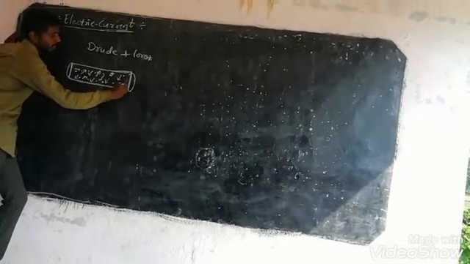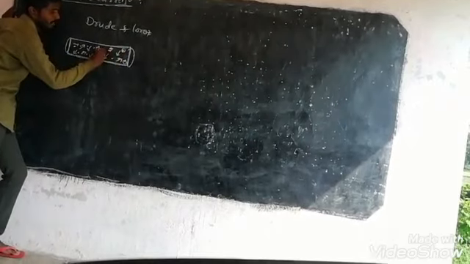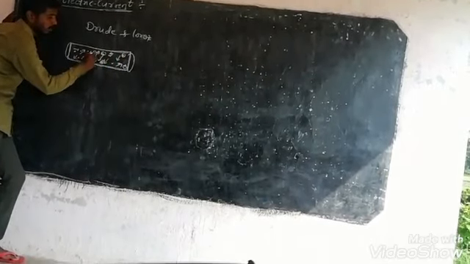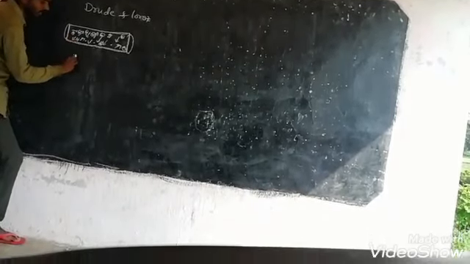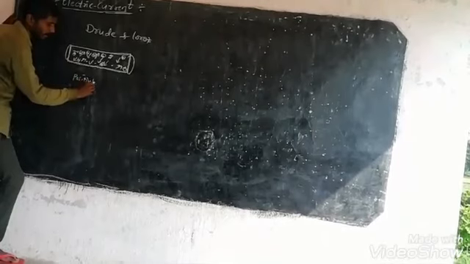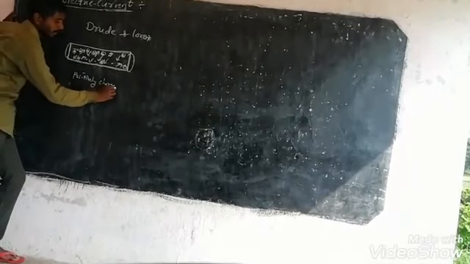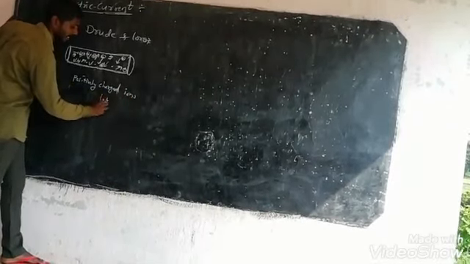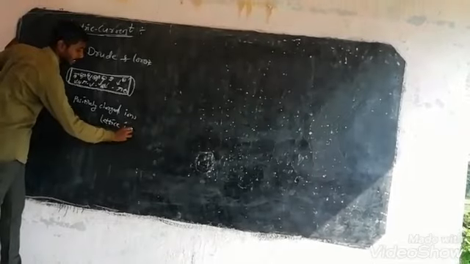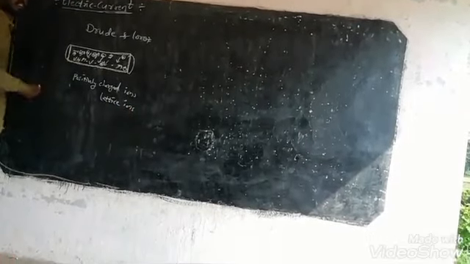So these positively charged ions are called lattice ions, and this total space is called lattice space.